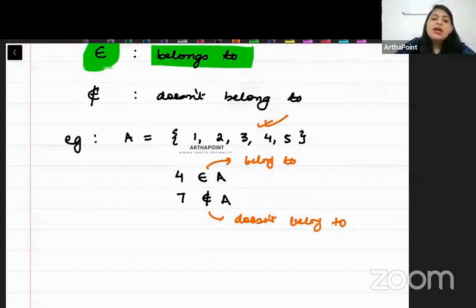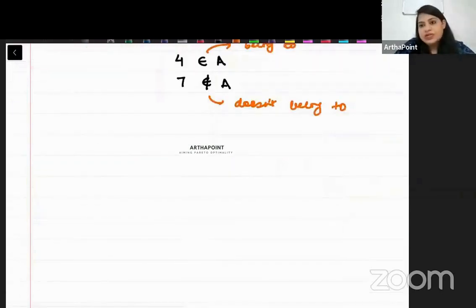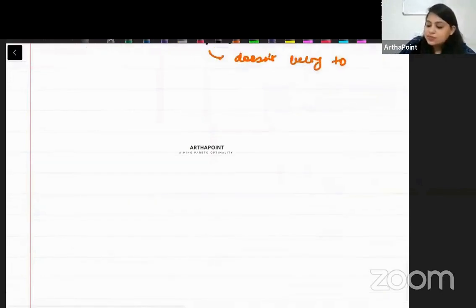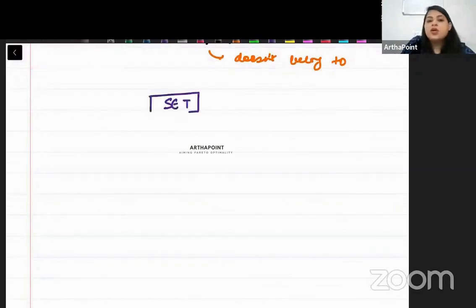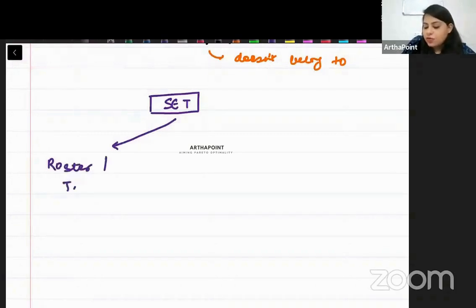Now, there are 2 methods of representing a set. So a set can be represented using 2 methods. The first method is called roster or tabular format. So the first form is called roster or tabular form.